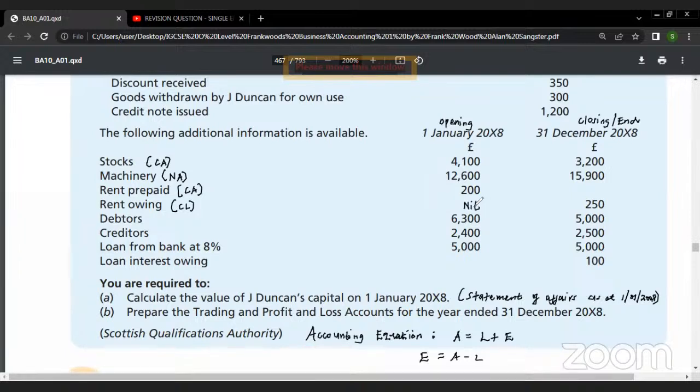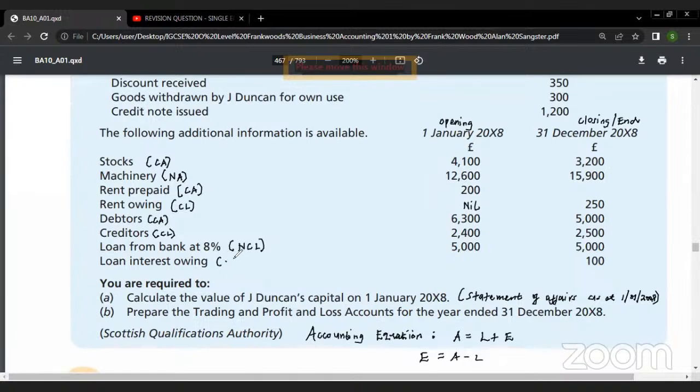There is nil. Then debtors, these are current assets. Then the creditors, these are current liabilities. Loan from the bank at 8%, this is a non-current liability. Then we have rent owing.